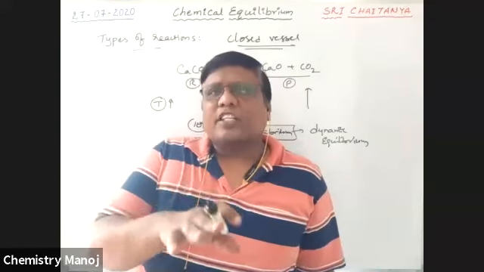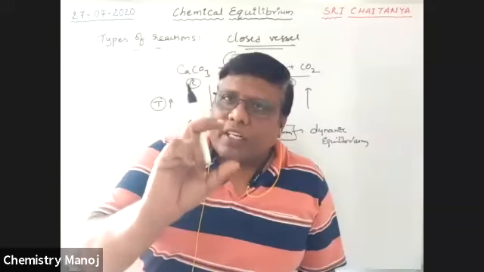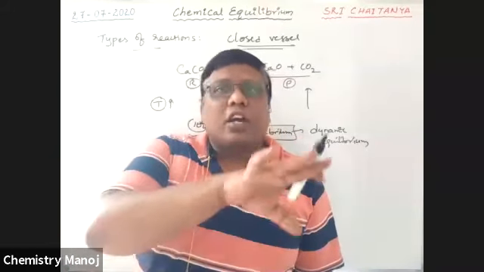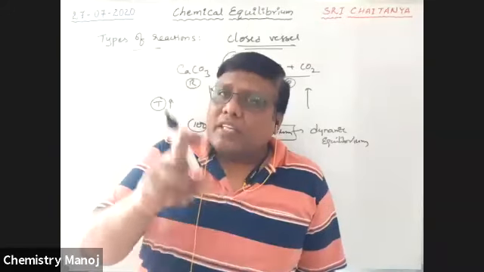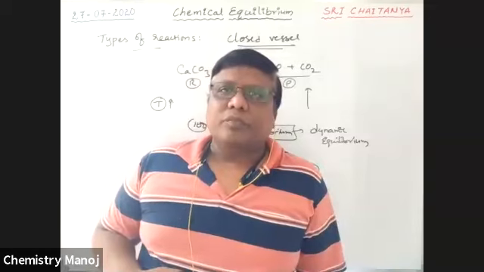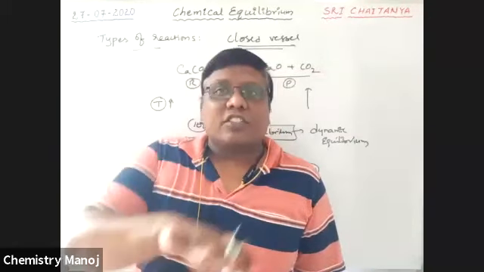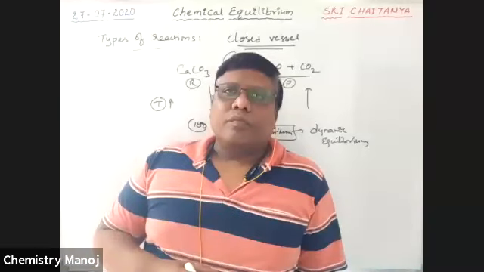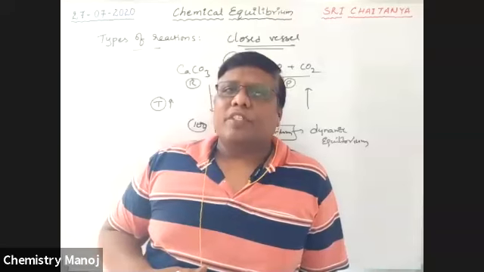The change in concentration of products is equal to the change in concentration of reactants. That means the quantities of reactants and products are not changed, but both reactions always take place simultaneously and never stop. That particular equilibrium state is called the dynamic equilibrium stage.